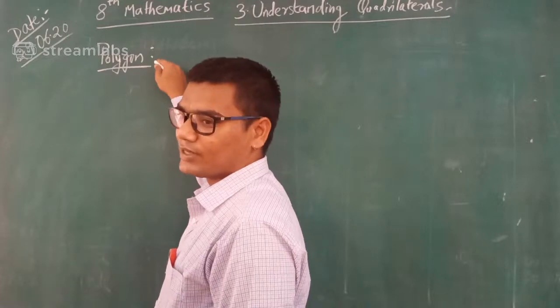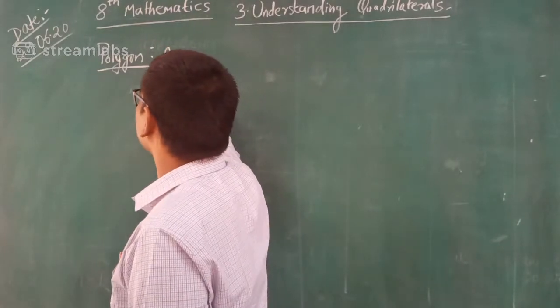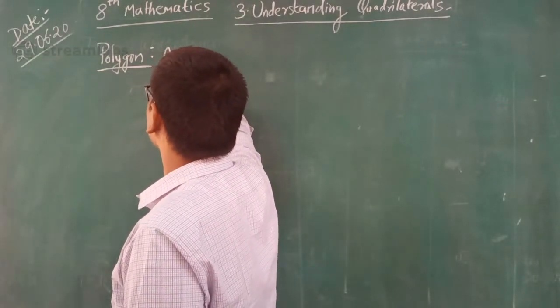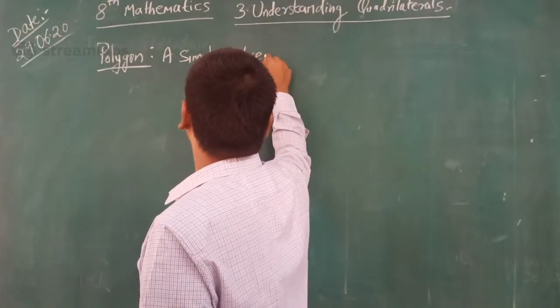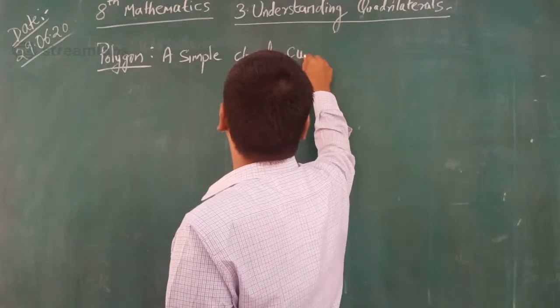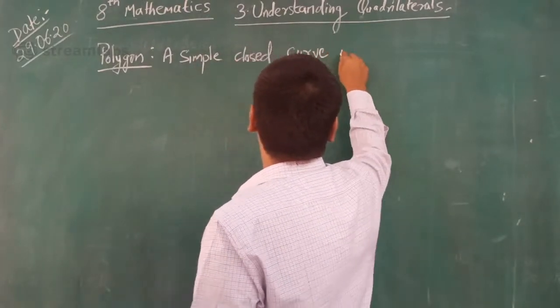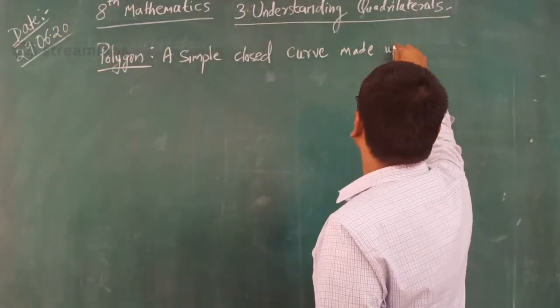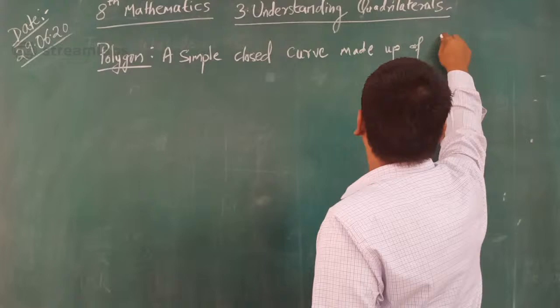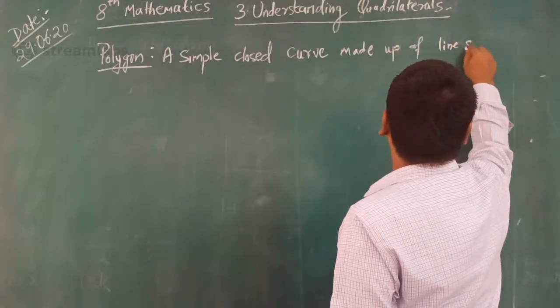Polygon: a simple closed curve made up of line segments.